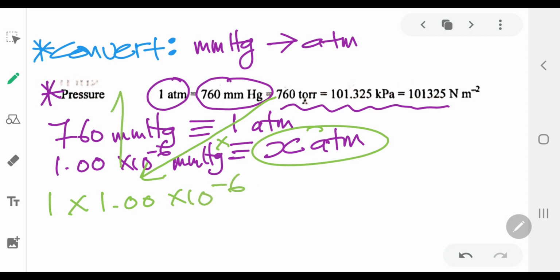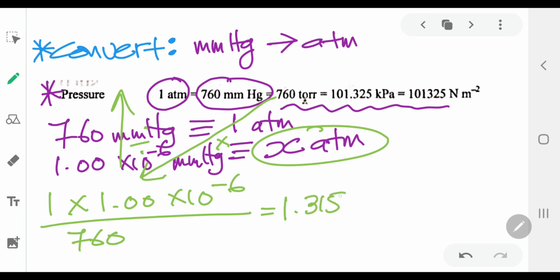And then when you go up, that one is divide. So you're going to divide by 760 millimeter mercury, and you will get about 1.315 times 10 to the power of negative 9 atmospheric pressure. So you have converted that one into that.